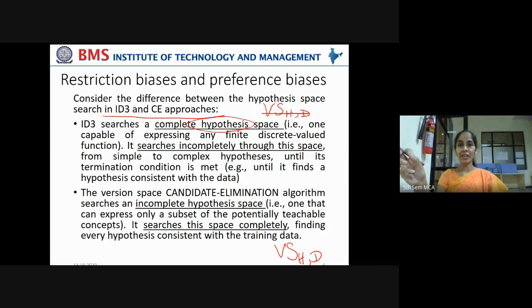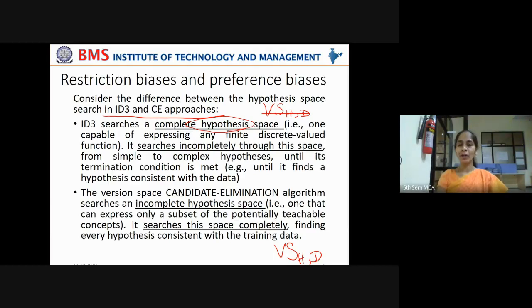It takes the information gain measure, finds the best attribute, and goes to the next node, finds the information gain for the remaining attributes, finds the best attribute, takes it as the split point, and proceeds further. And that is its optimal decision tree. It doesn't keep on searching every possible decision tree.